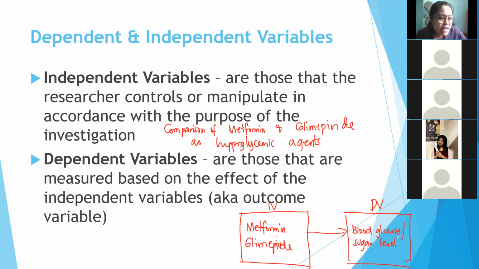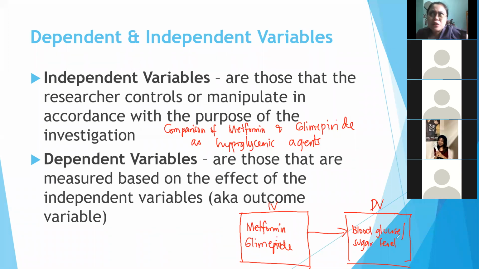If ato ang imbestigahan si metformin ug si glimepiride as hypoglycemic agents, unsa atong makuha? Unsa atong makuha nga or outcome niya? So, ang ato ang gina-check din ang blood glucose or sugar level. So again, let us be specific.